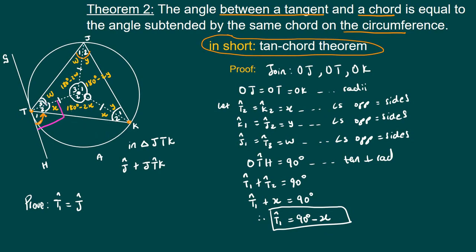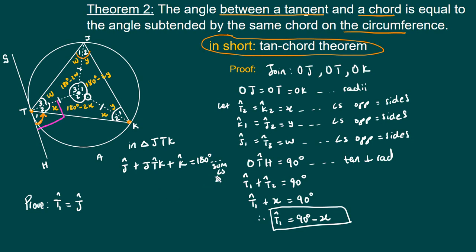We're talking about this angle here, okay, JTK. And then we say plus angle K, because angle K is the whole angle. If we had said just angle T, we would be talking about the whole angle, so hence we didn't say that. And remember, it must give us 180 degrees, our reason: sum of angles in a triangle.